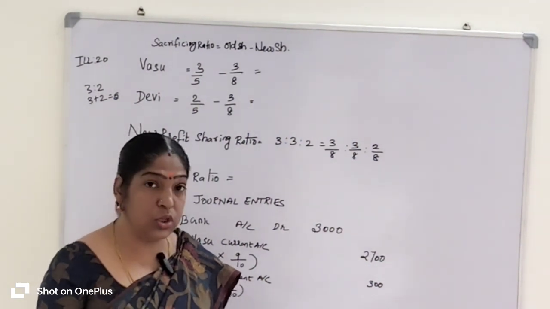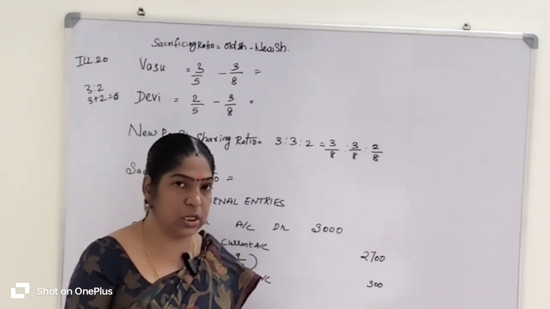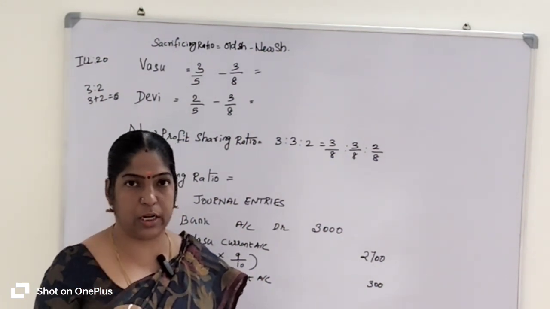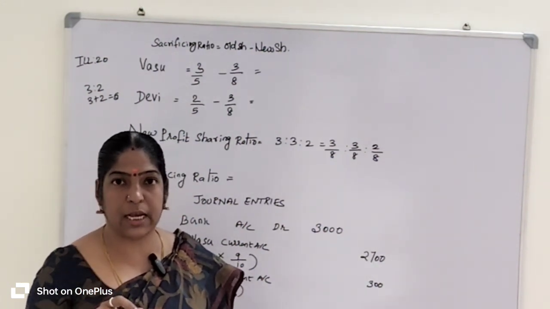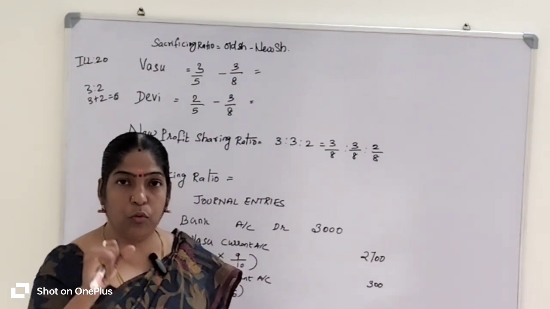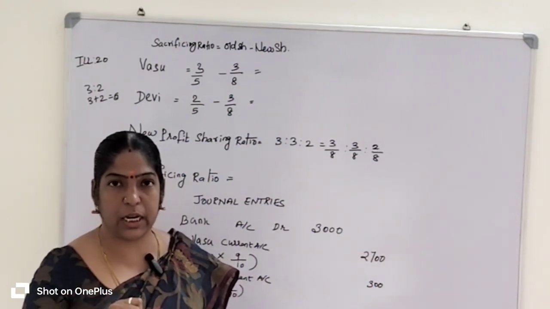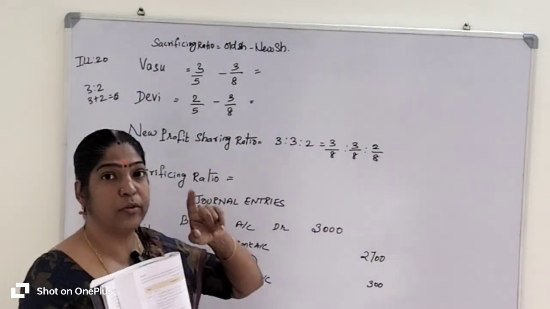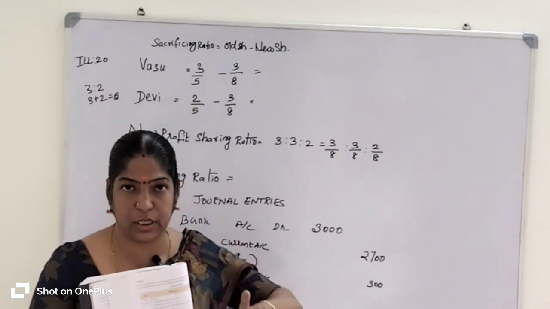But in this question, it is a different situation. In Illustration 20, they have given the old profit sharing ratio and a new profit sharing ratio, so you can't consider the old profit sharing ratio as the sacrificing ratio.